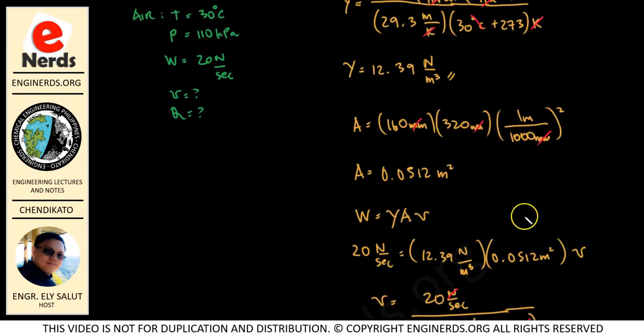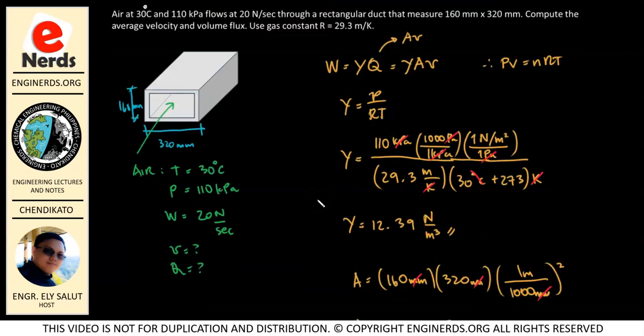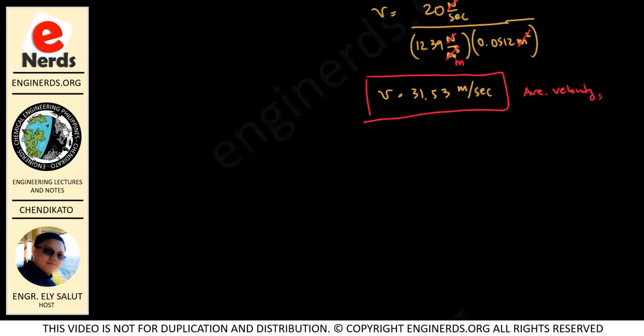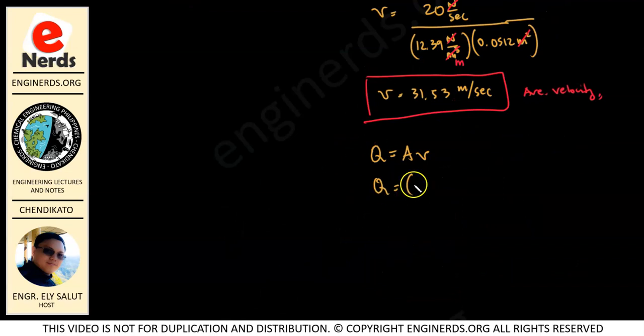Now we need to get the volume flux, which is our Q. We know that Q is equal to area times the velocity. So our Q is equal to our area, which is 0.0512 square meters, multiplied by our velocity, which is 31.53 meters per second.